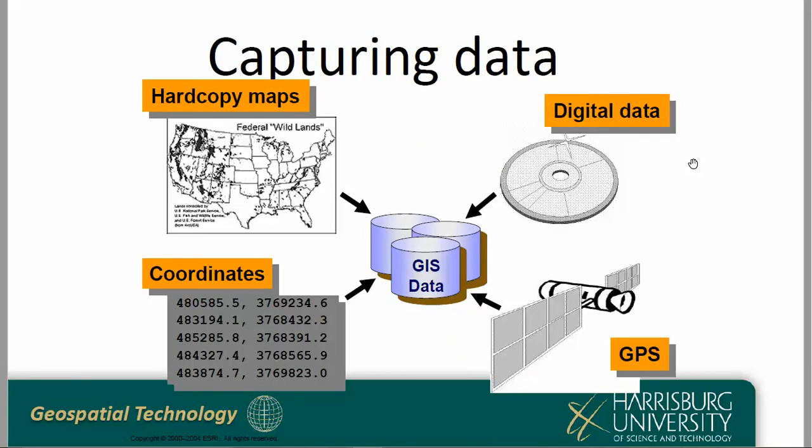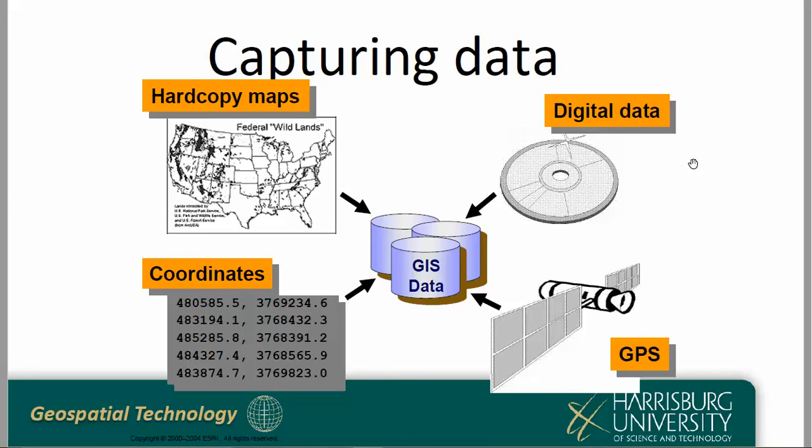Capturing data. Traditionally, data for maps was captured on hard copy maps. So just like some of the early explorers might have had some basic hard copy paper maps of the areas they were exploring or creating them as they went, paper maps are a big source of hard copy or original data.